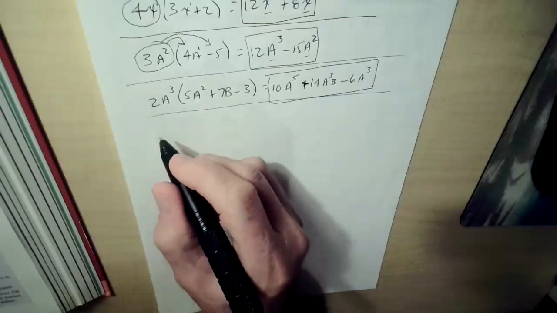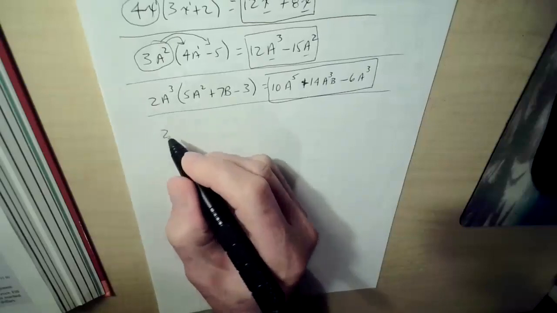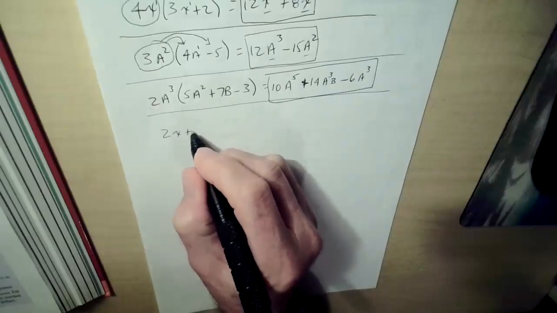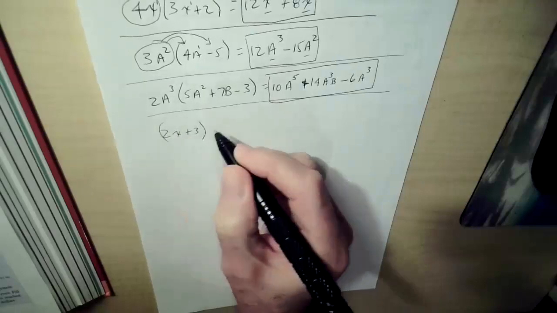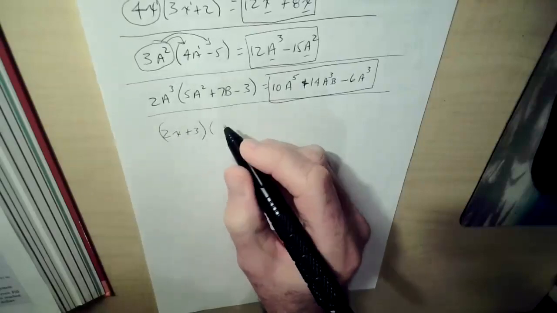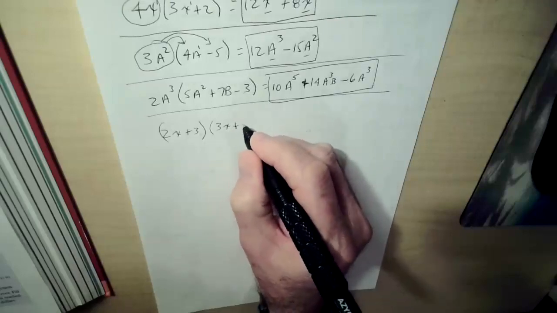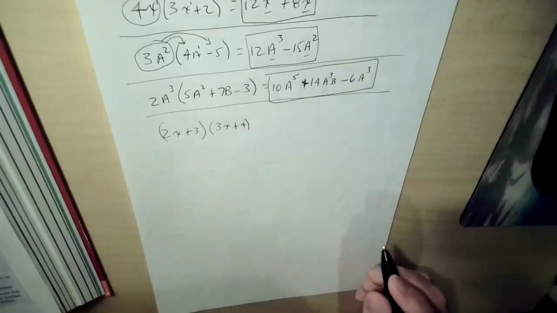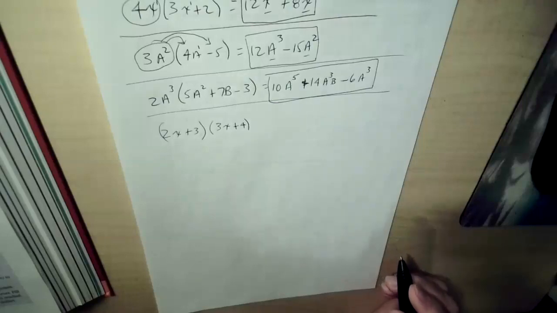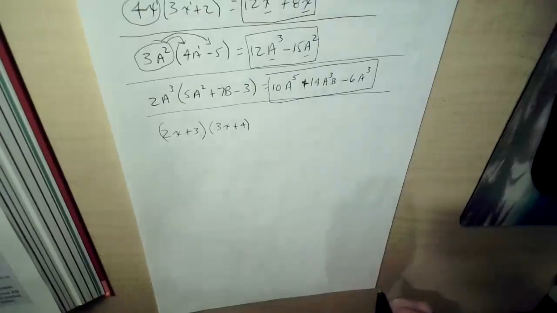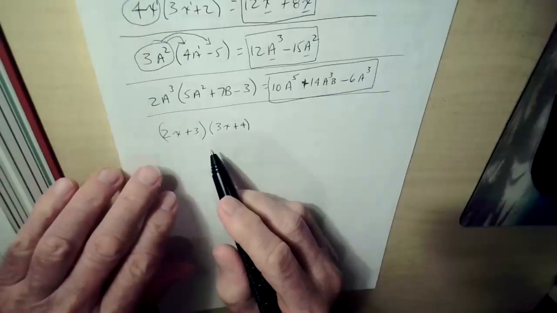This is super duper important. We have 2x plus 3 times 3x plus 4. Now, what are we going to do here?